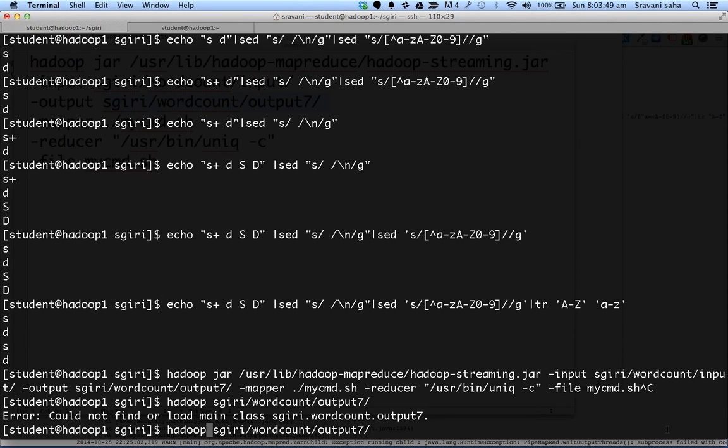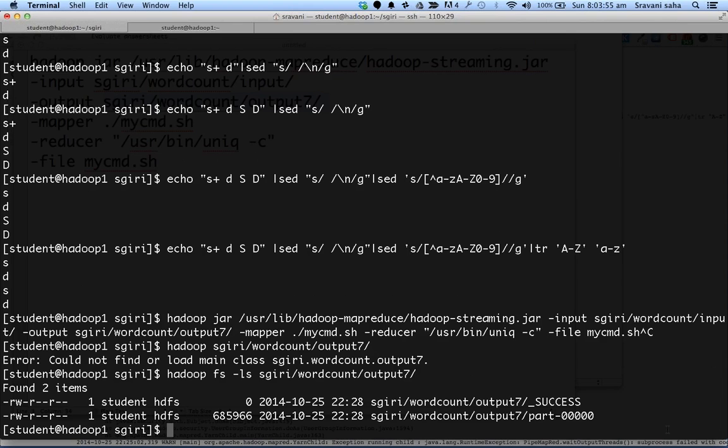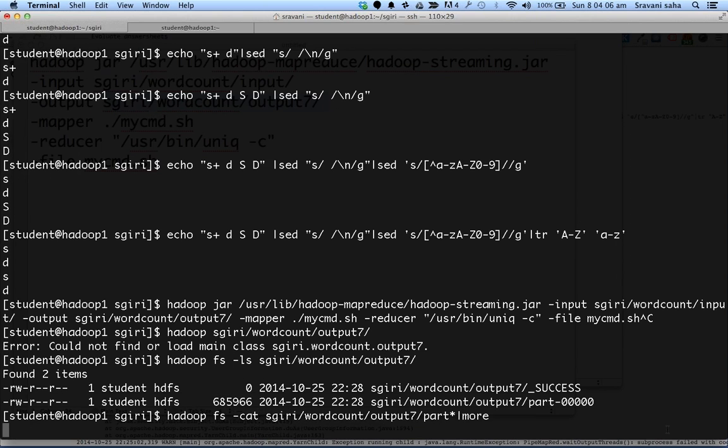Let me just say fs minus ls. All right, now we have a part file, and there should be something inside that one, so let's see what is there.